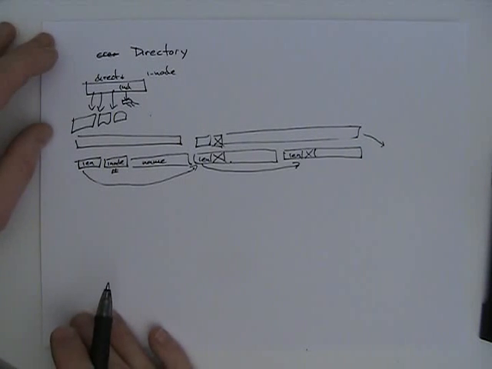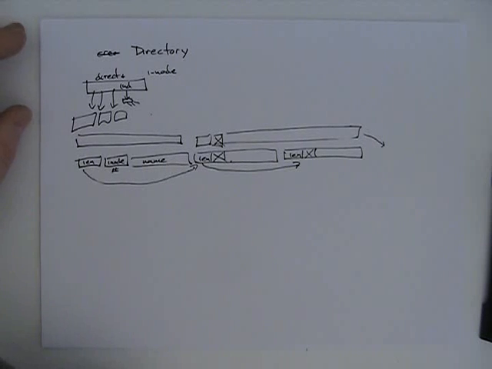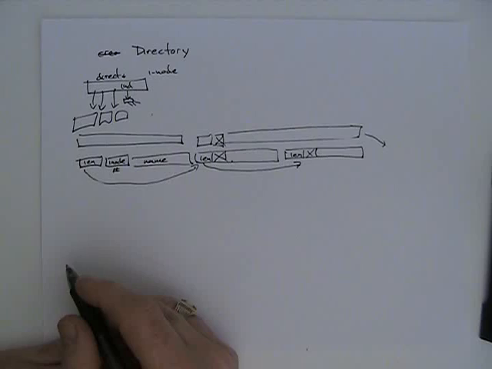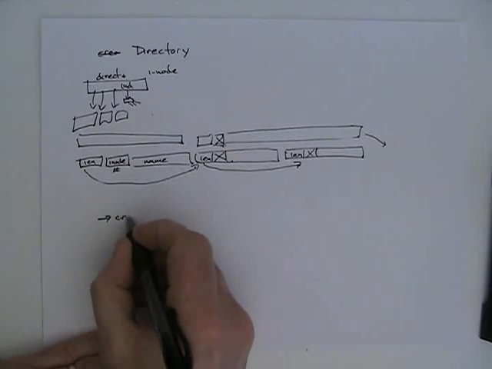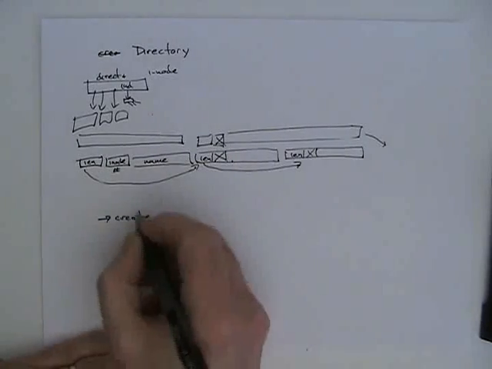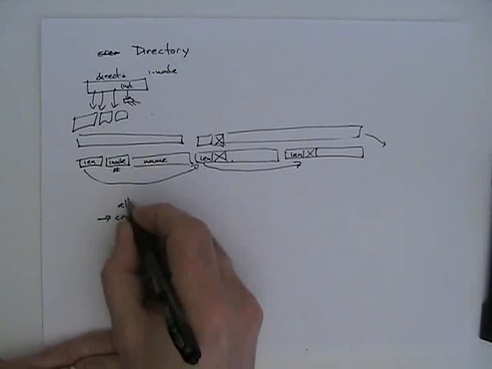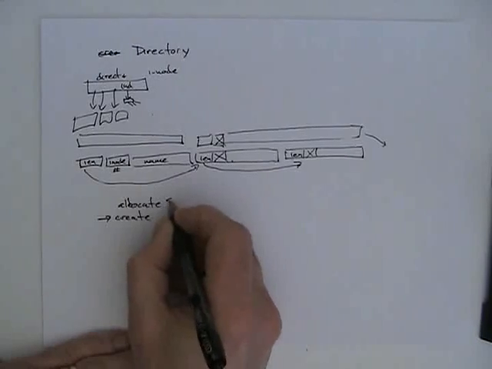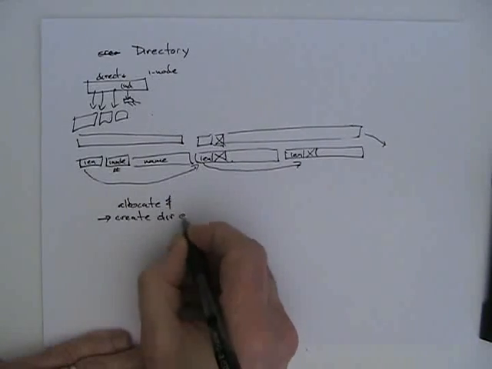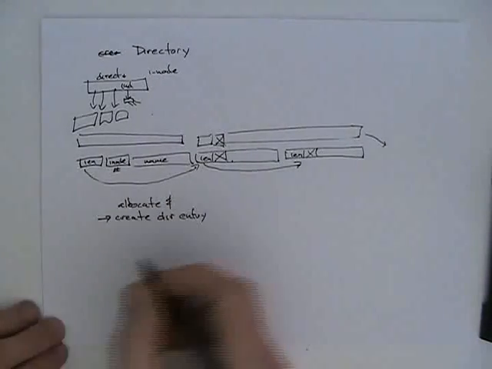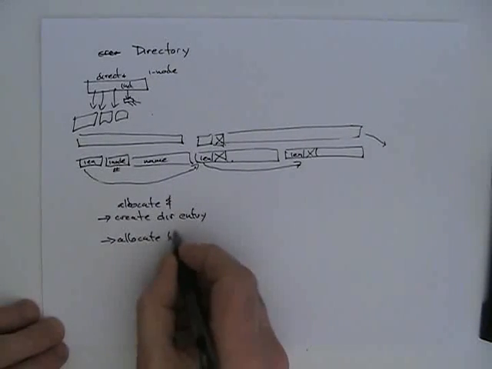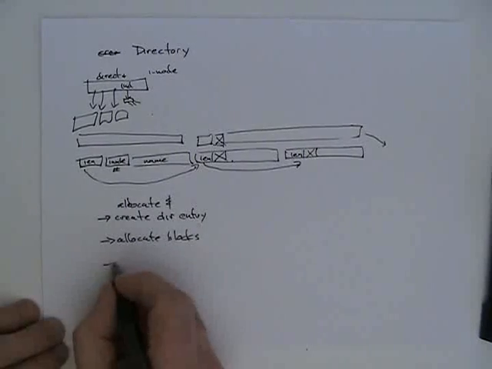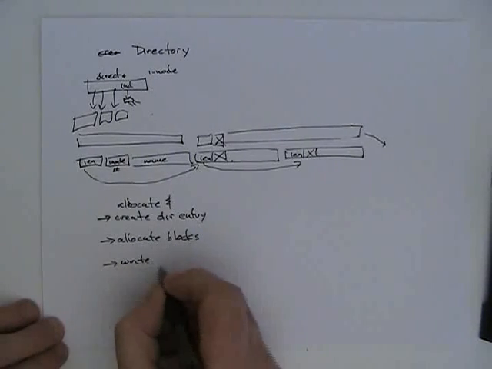Now, let's see. Okay, if we're going to create a file, we have to allocate and create a directory entry. We have to allocate blocks. We have to write the data.